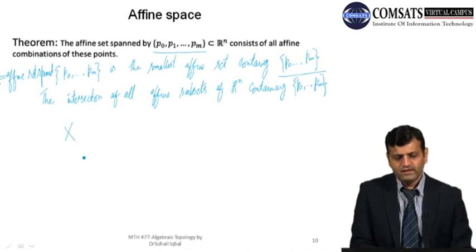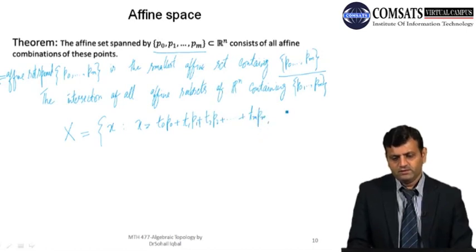Okay, so this X, which is the smallest affine set containing these points, what are its elements? X such that X is equal to T naught P naught plus T1 P1 plus T2 P2 and so on plus Tm Pm, and there is also a condition on the Ti's that their sum, i equal to 0 to m, should be equal to 1.